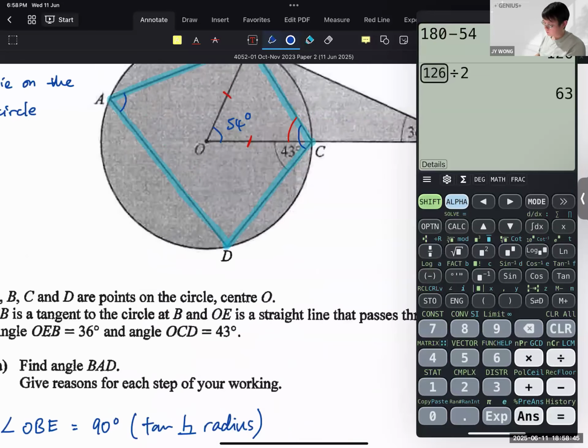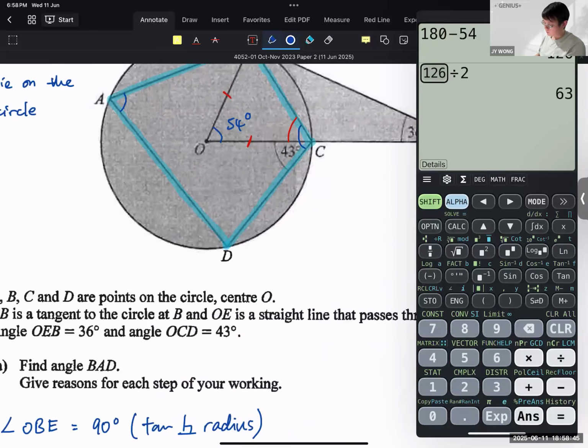And now we can find angle BAD. Therefore, angle BAD is equal to 180 minus 63 minus 43, which will give me 74 degrees.